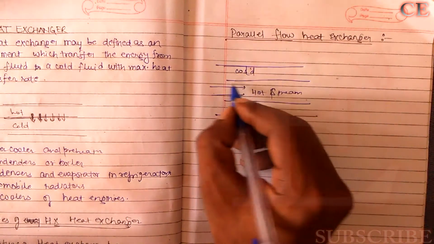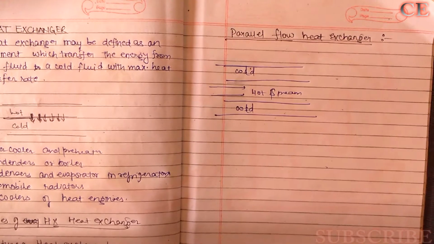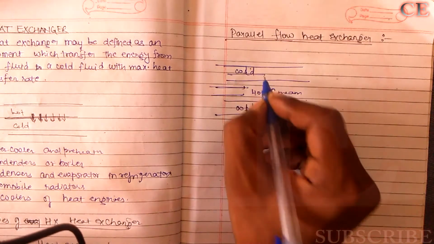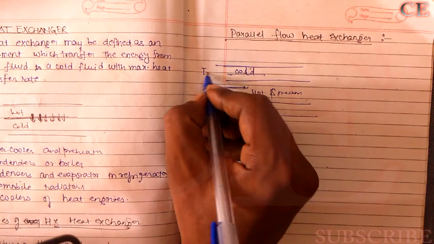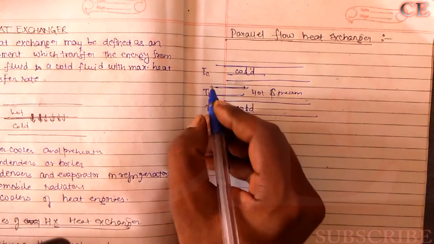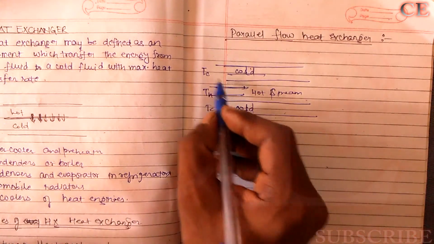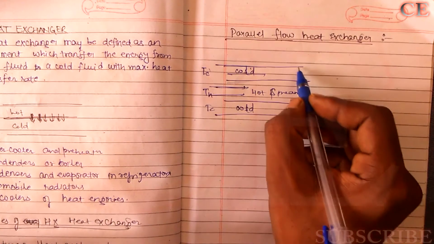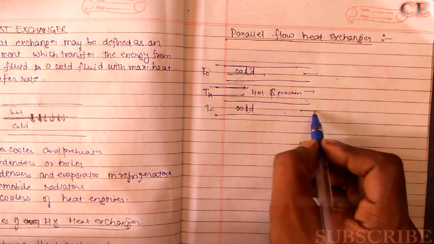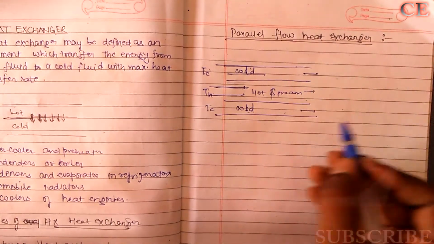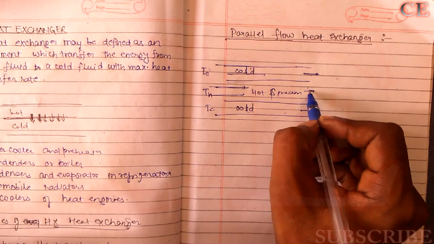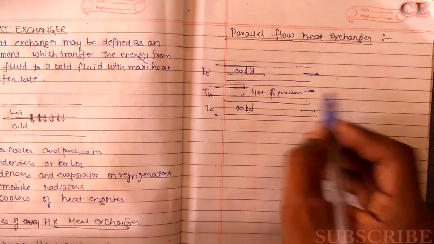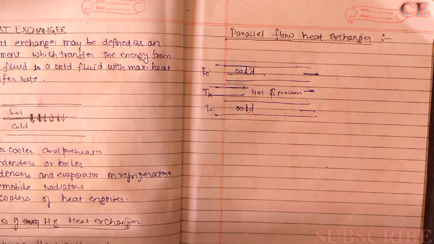So the fluids flow in the same direction. The hot fluid TH and the cold fluid TC both enter at the highest and the lowest temperatures, and when they go out of the pipe, they attain some temperature: the colder fluid gets hotter and the hotter fluid gets cooled. So this is the function of a parallel flow heat exchanger.